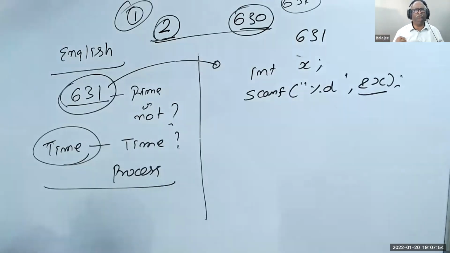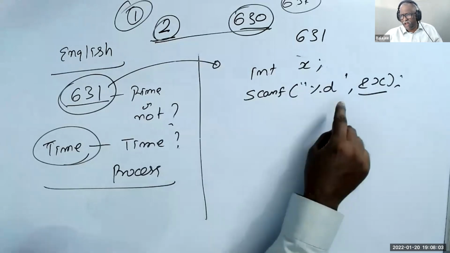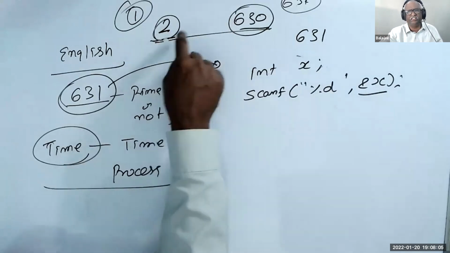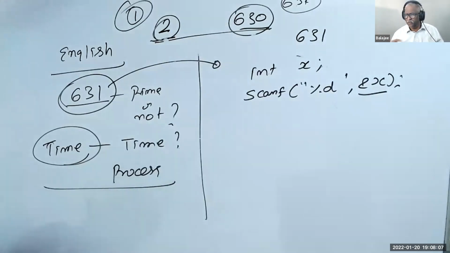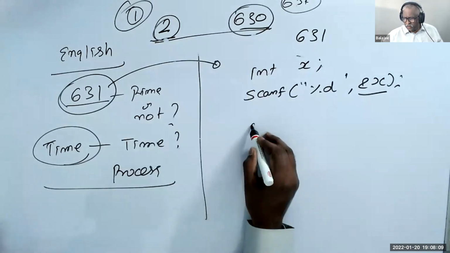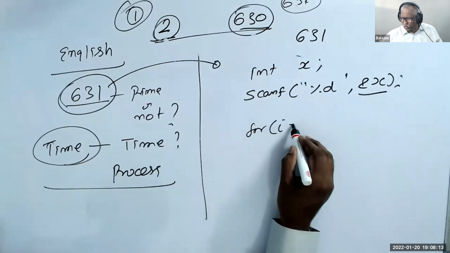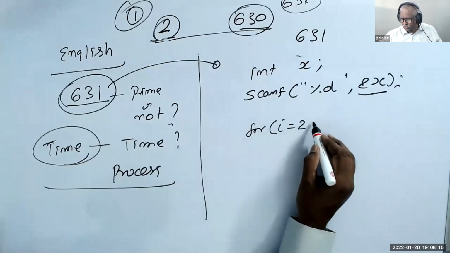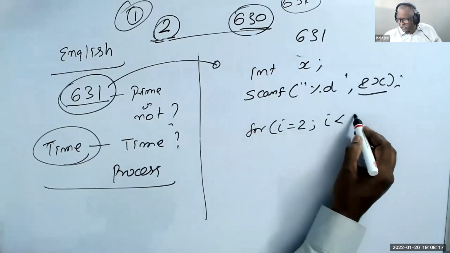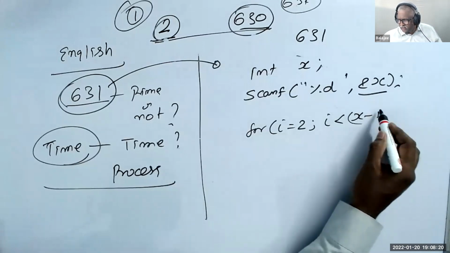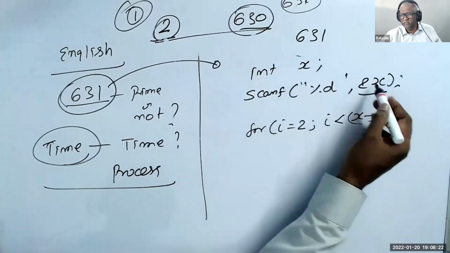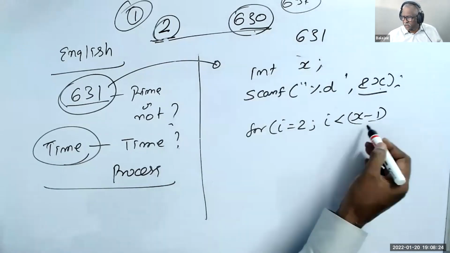Am I right? 2 to 630. But if it gets a factor in between 2 and 630, then that is not a prime. So I'll write for (i = 2; i < x - 1; ...). See that? x minus 1. x is 631, minus 1. I start from 2.